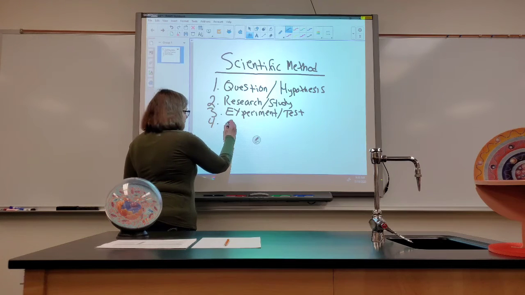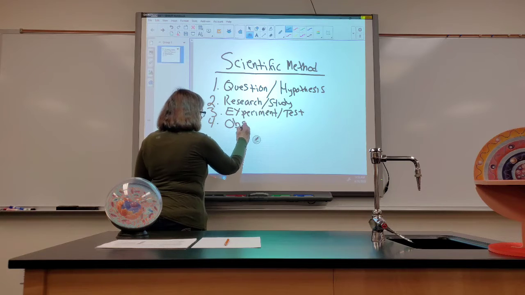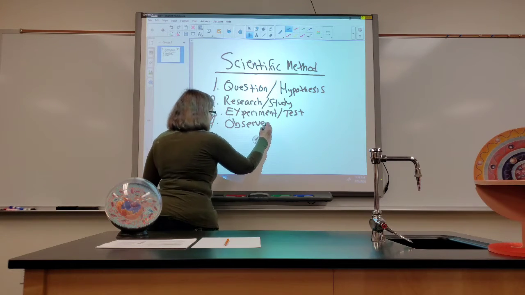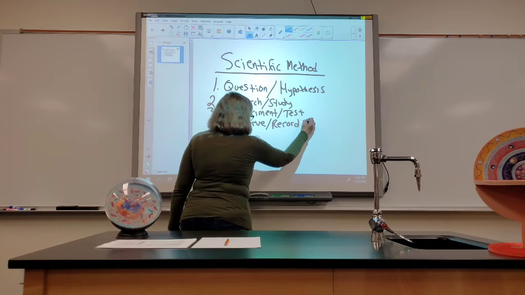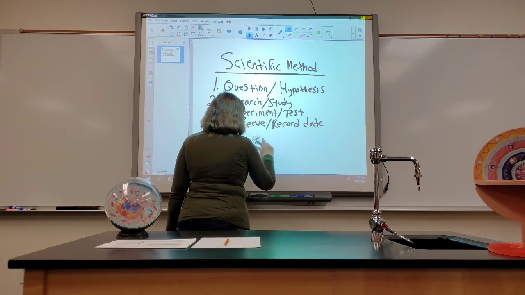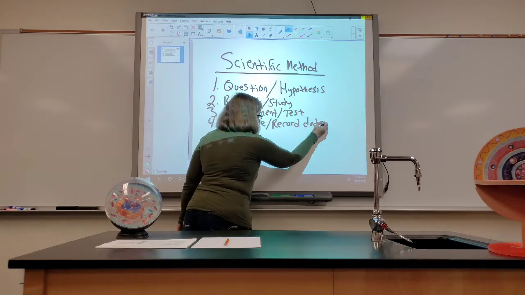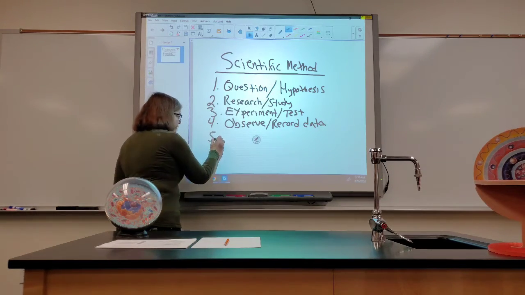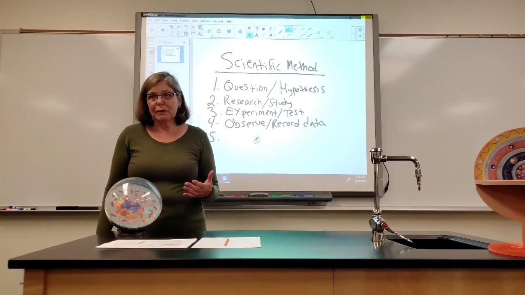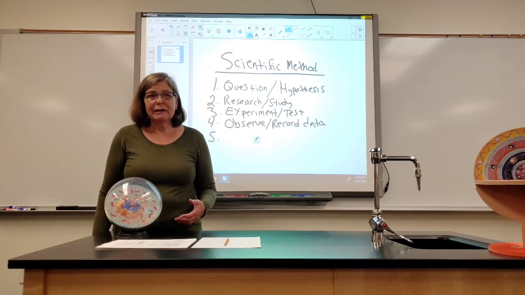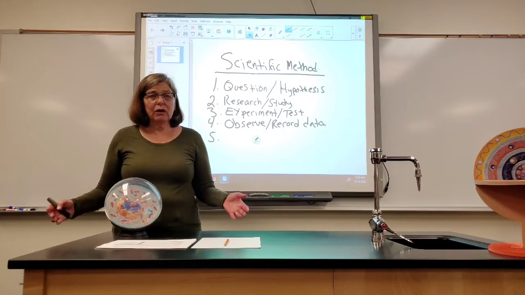Then they would run the experiment and they would have to observe. They'd have to go back and look at their results and record their data. Then they would take all that data, and if they're looking at many, many trees, which would be required for such an experiment, they would have a lot of data, and that data has to be organized.